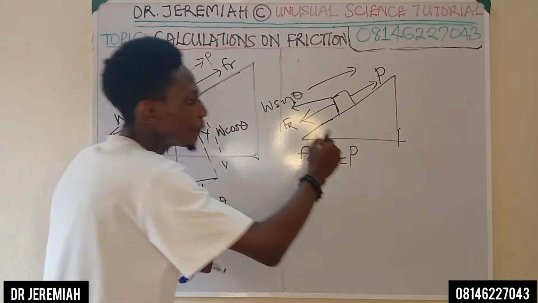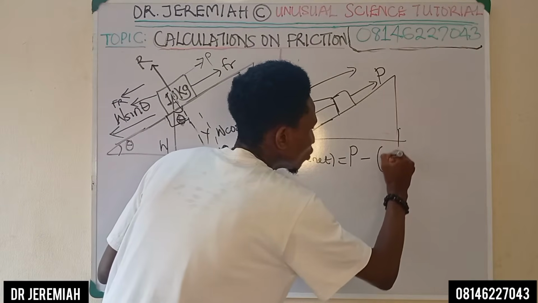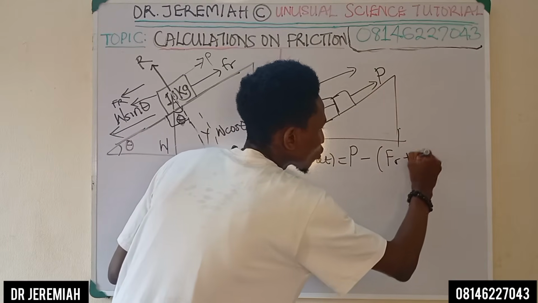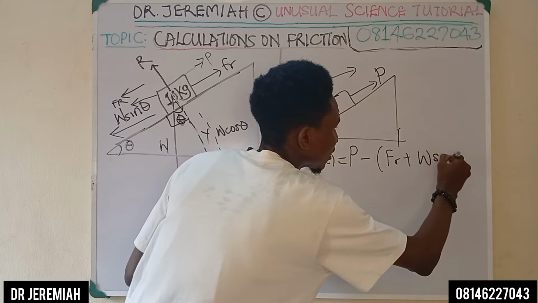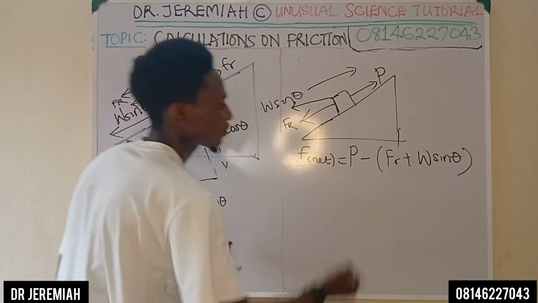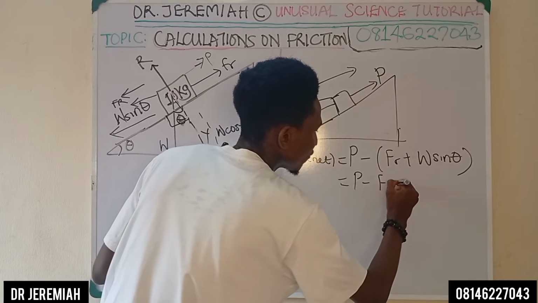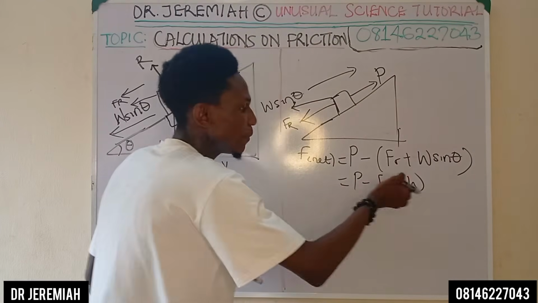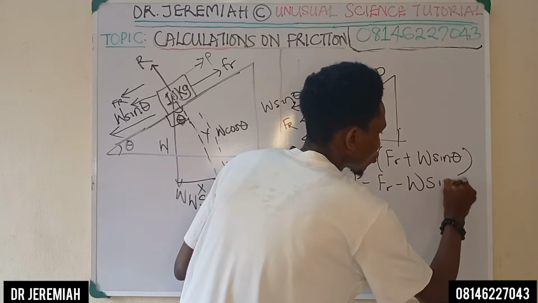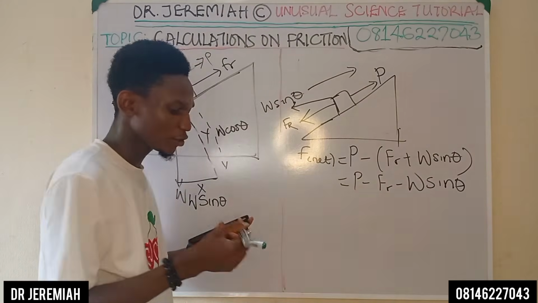Since the body is pulled up, it means it's P minus (FR plus W sine theta). Why I put it in brackets, you know that both of them are going to carry a negative sign. So we're going to do P minus FR minus W sine theta, and you have gotten your answer.